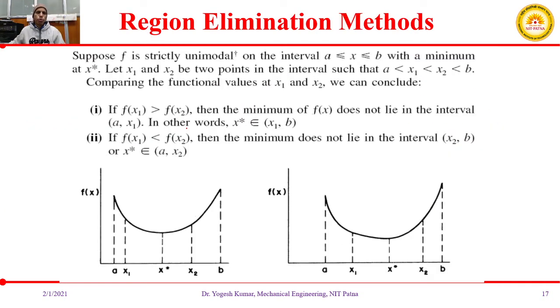So let us move to the next topic, the next method of finding out the optimum value in a given function. This is a method called the region elimination method, and it is particularly used for unimodal functions.